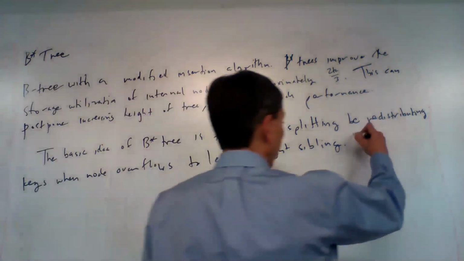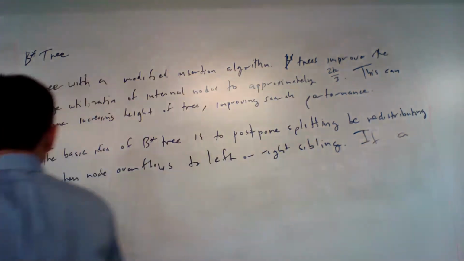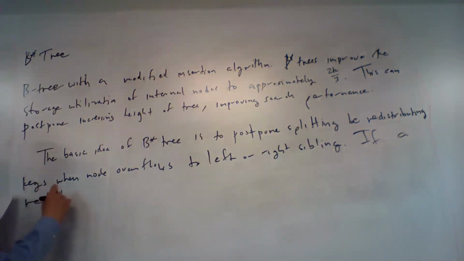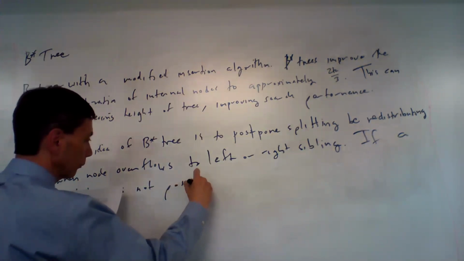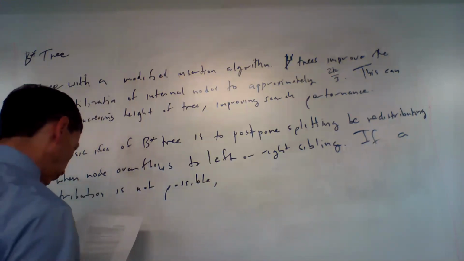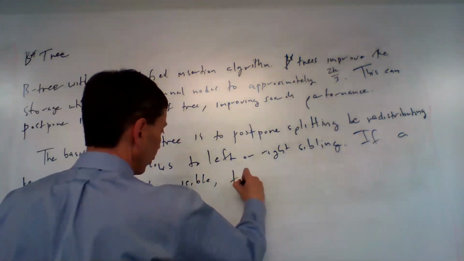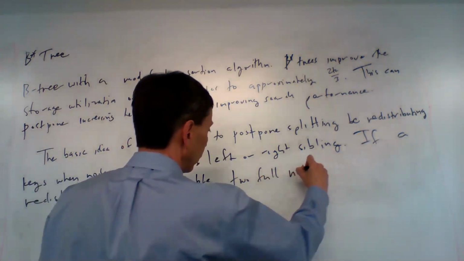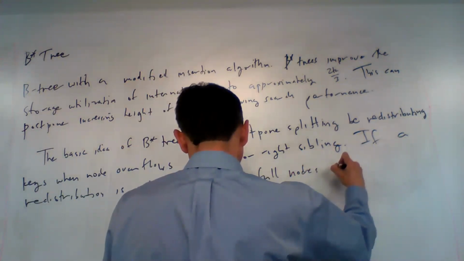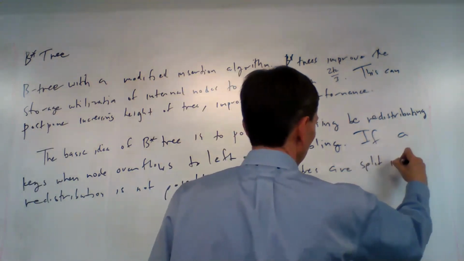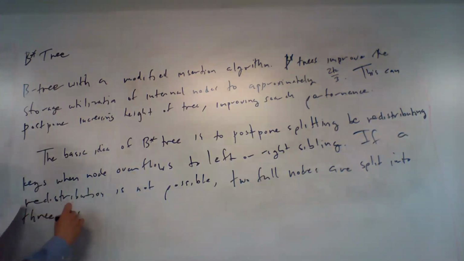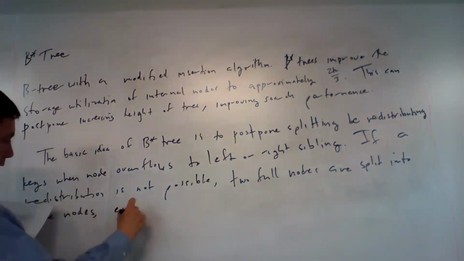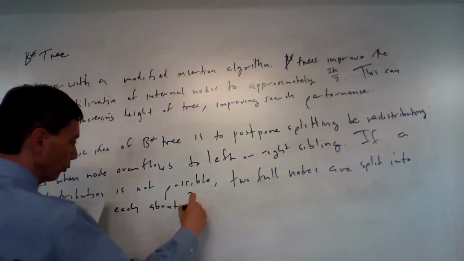So if a redistribution is not possible, two full nodes are split into 3 nodes, each about 2/3 full.